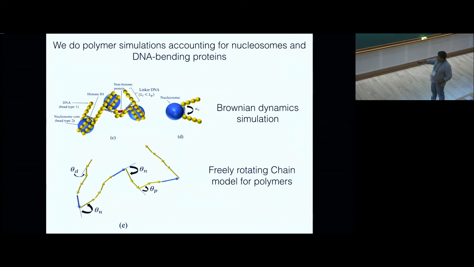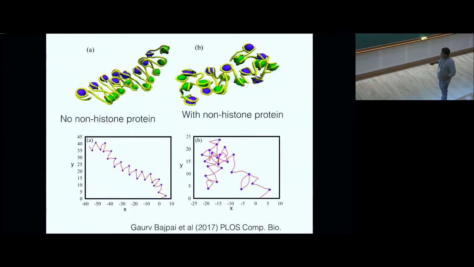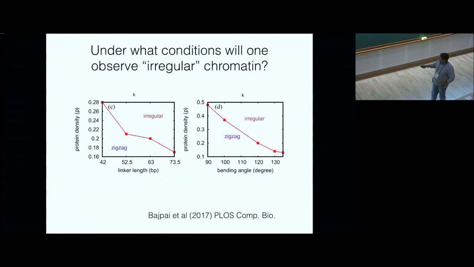Another parameter we can vary is the protein density, that of the non-nucleosomal proteins which would bend the DNA. We could look at these two parameters, and if you have large linker length and very large protein density, one would find irregular organization.